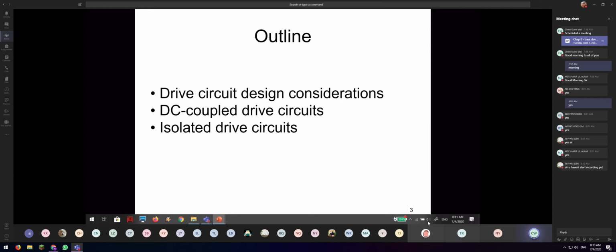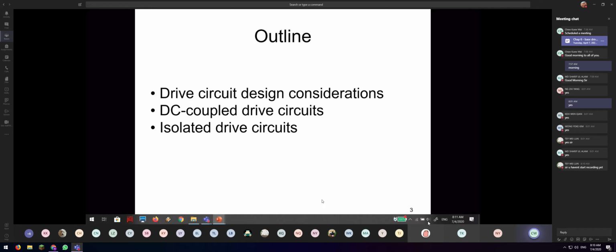So now there are a lot of base drive ICs available in the market to generate the correct PWM with the proper setting or proper design of the components inside, so that your switch can turn on and turn off as quickly as possible.